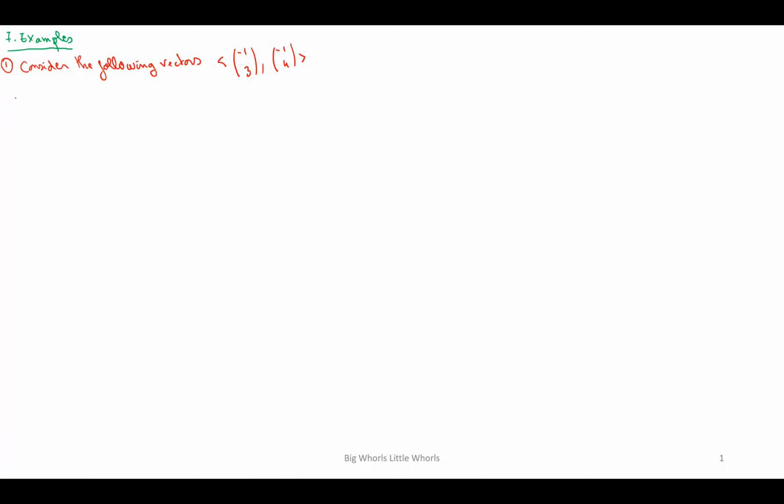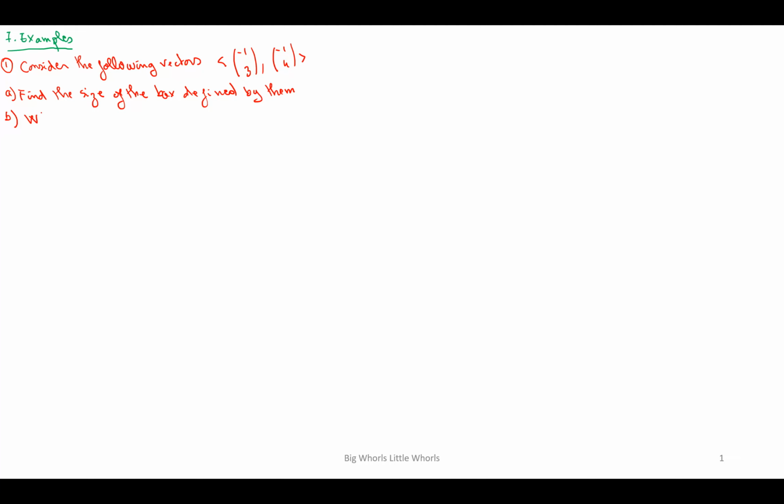In part A, we are being asked to find the size of the box defined by these two vectors.